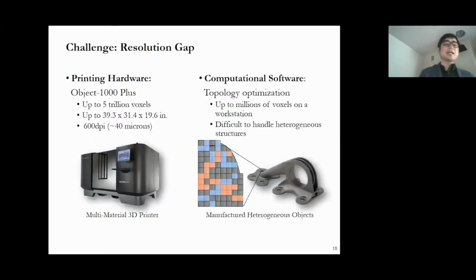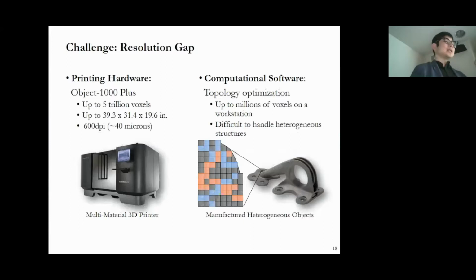That is the challenge lying between the fabrication hardware and the computational software. This is actually not very intuitive, because that's not the case in most other areas. In 3D printing or computational fabrication, the resolution of hardware is way ahead of the resolution of software. A 3D printer can print objects at extremely high resolution. For example, current 3D printers can have a printing precision of 600 dpi.